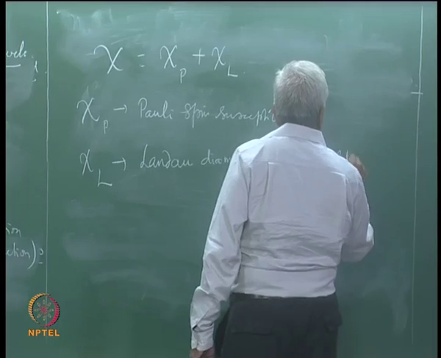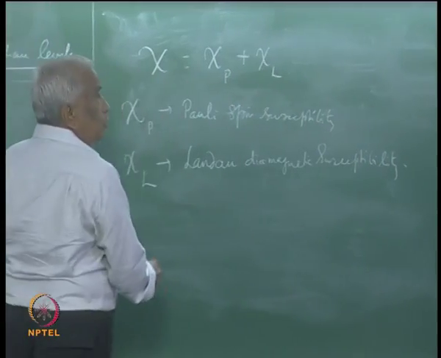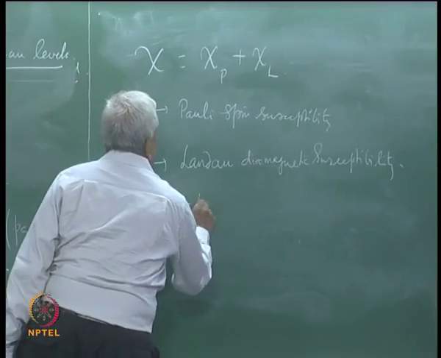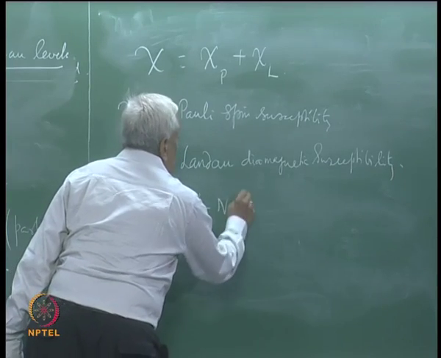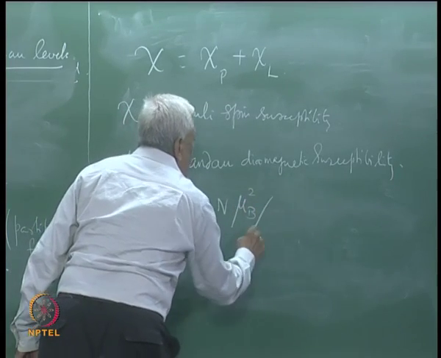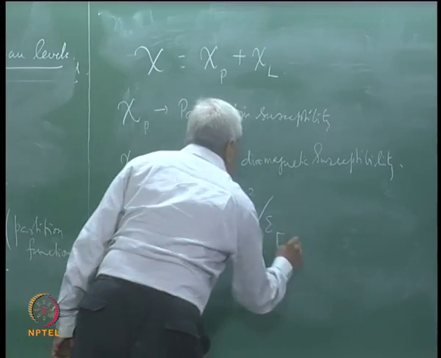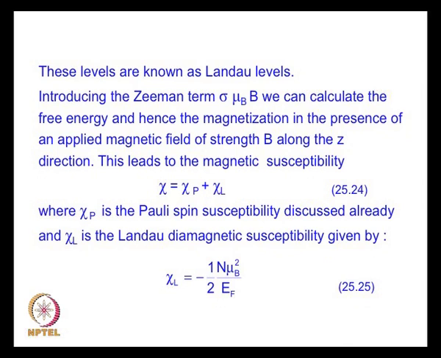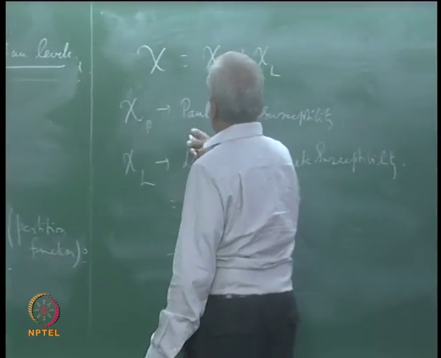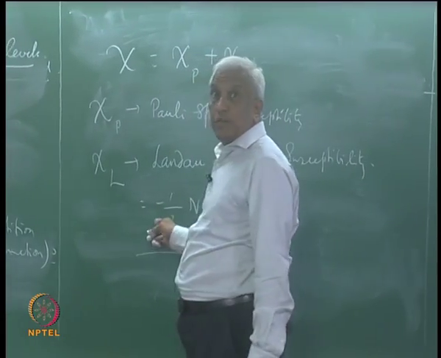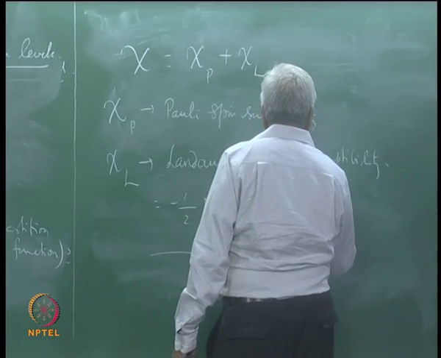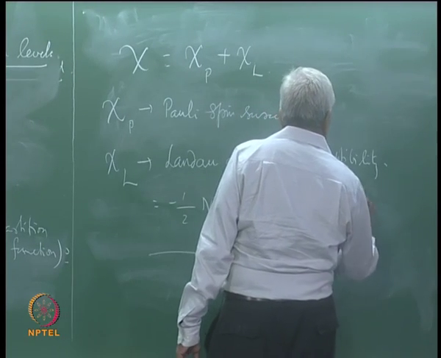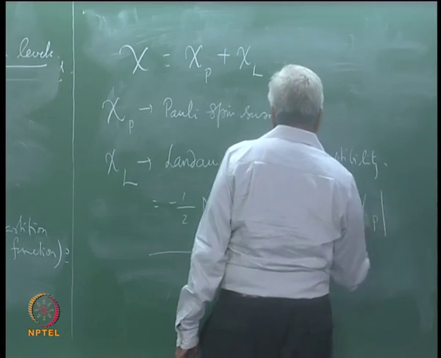It is found to have a value minus half n mu b square by E f. So, the Landau diamagnetic susceptibility, the magnitude is just 1/3. The Pauli susceptibility is 3/2 with a positive sign. So, this is equal to 1/3 of chi p.